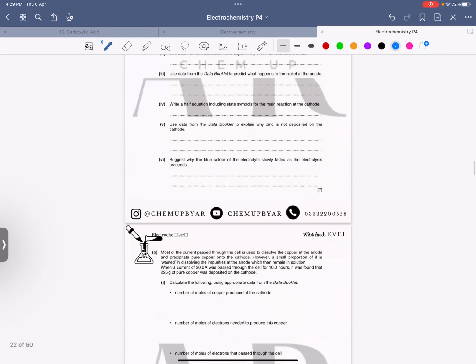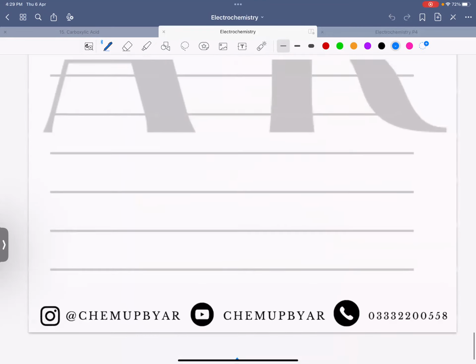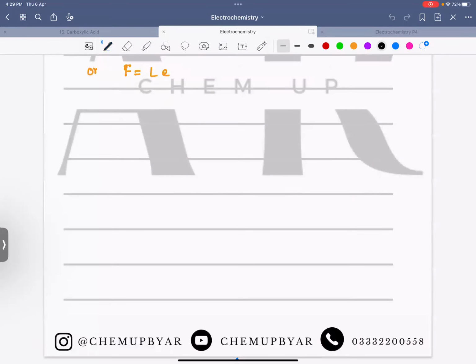Okay. Now after this, we have 2 more subtopics. One topic relates to calculating E0 cell values by using this expression, E reduction minus E oxidation.